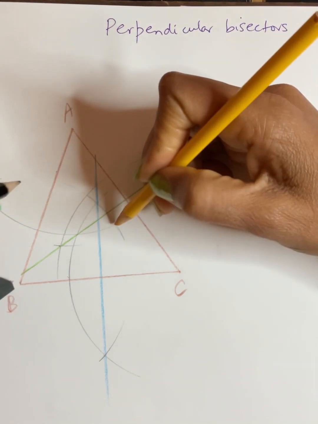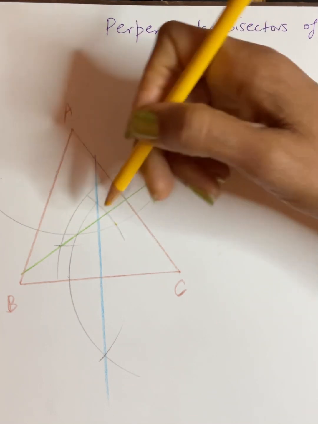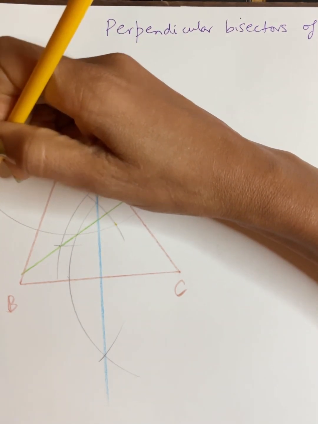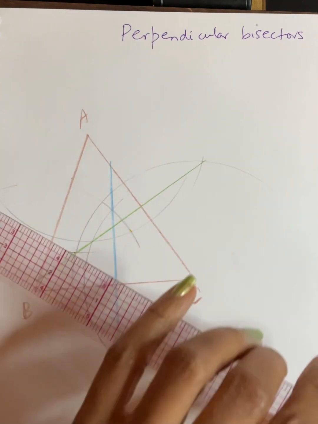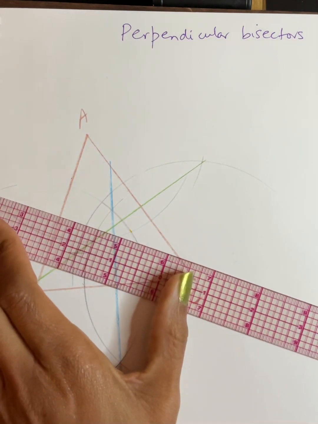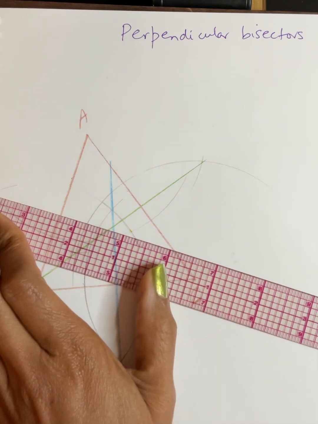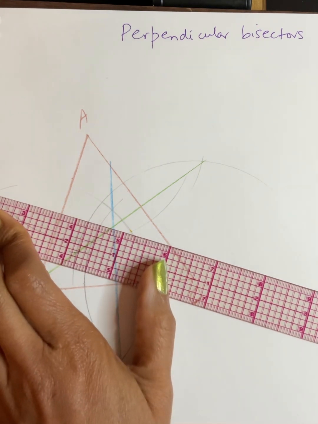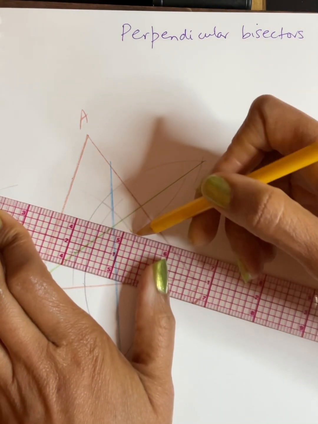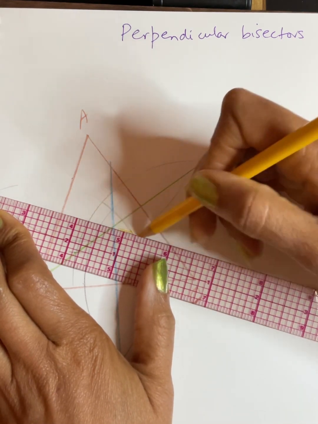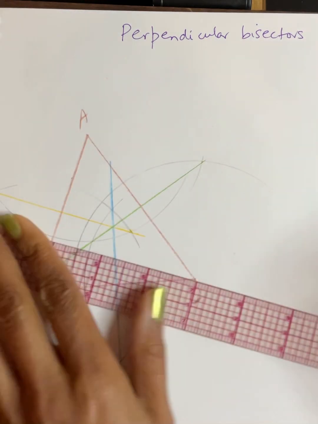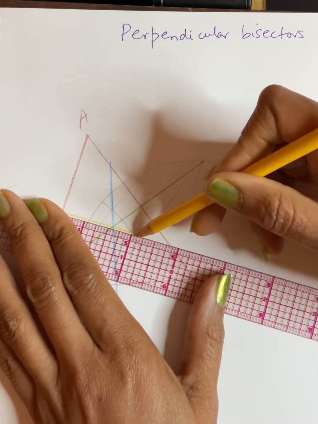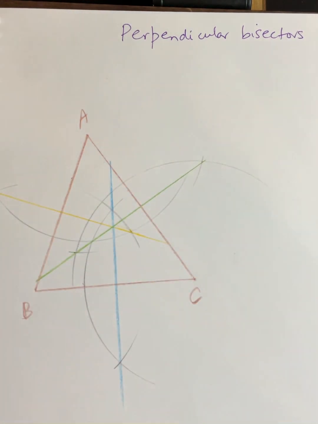This is the arc right here and right here. No, you're not seeing it. Okay. And I'm going to connect my lines using my straight edge, and draw a line. You can extend it all the way to the end. Good.